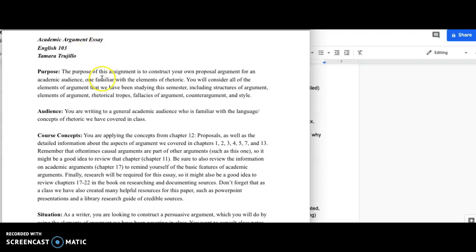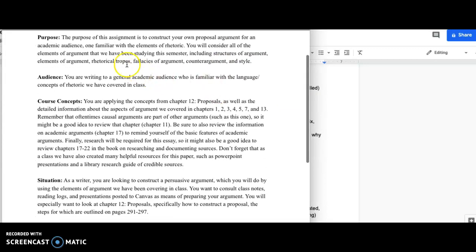So again, the purpose of this argument is to construct your own proposal for an academic audience. So you're going to be looking at rhetorical tropes and elements of argument like claims and warrants and enthymemes. You're going to be considering the different types of appeals to your audience, and what type of audience you have.